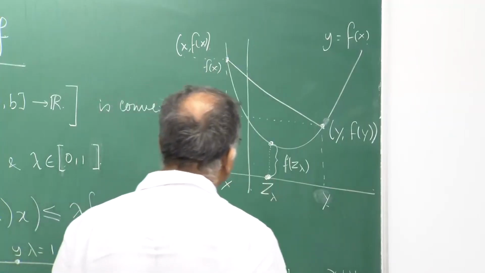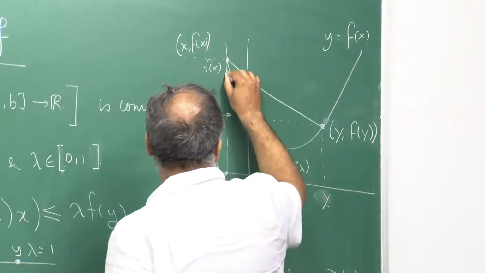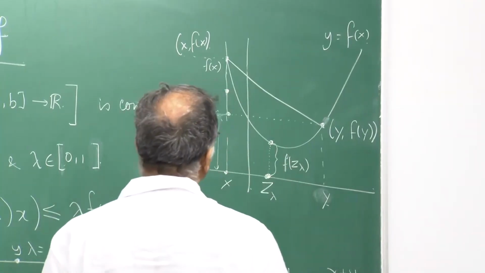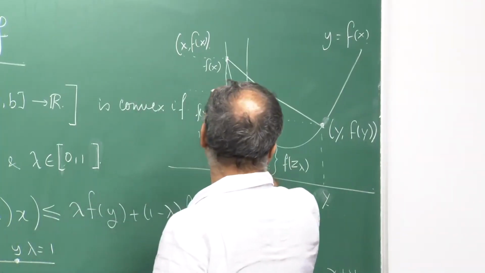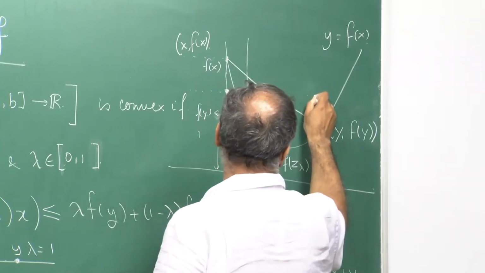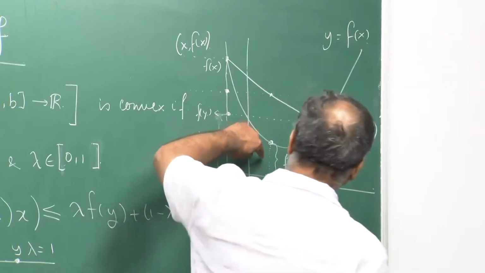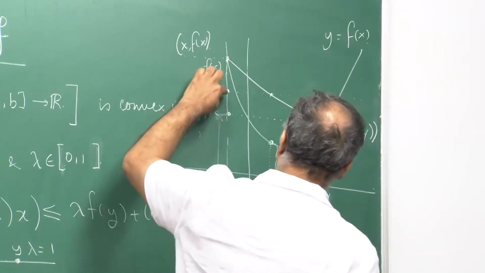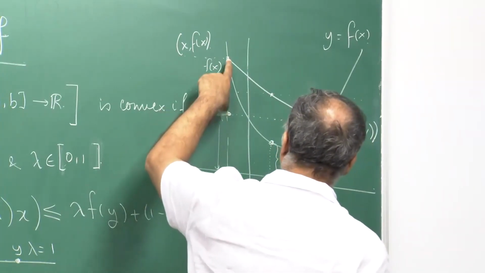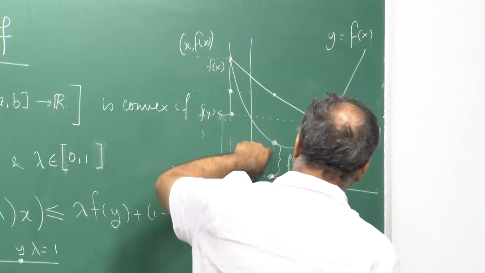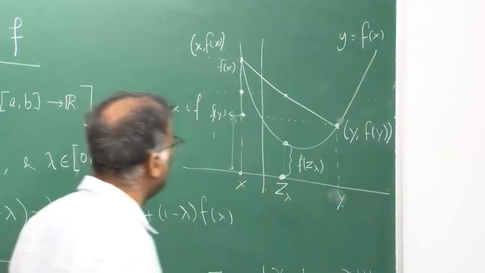So, lambda f of y plus 1 minus lambda f of x is some point here, and if I draw a line parallel through it to the x axis, it will cut it here. So, the functional value of this two is here, is bigger than this. That is exactly the meaning.